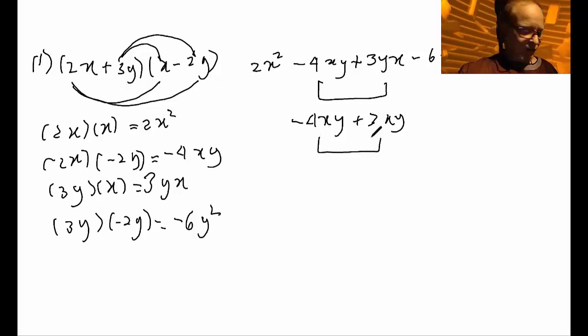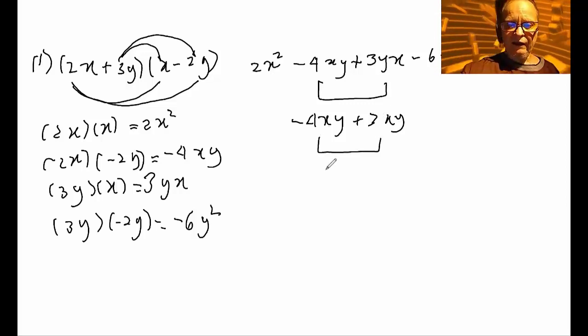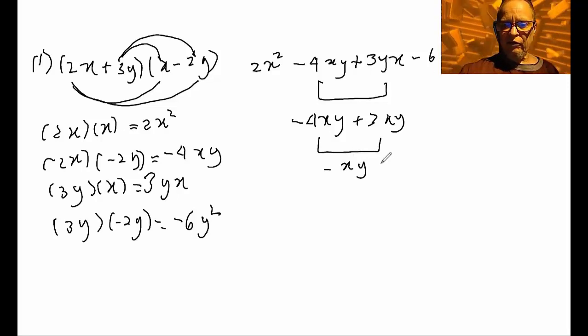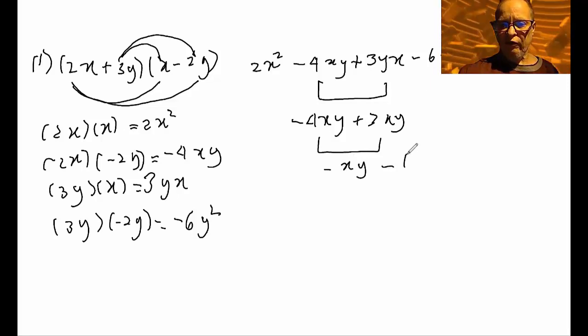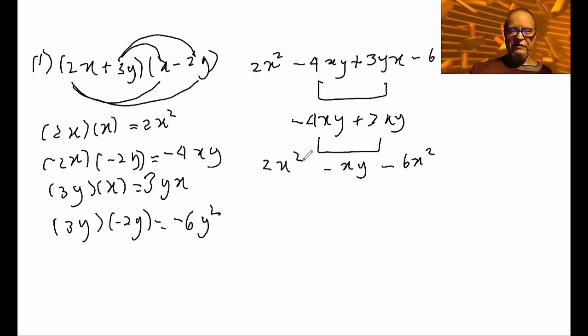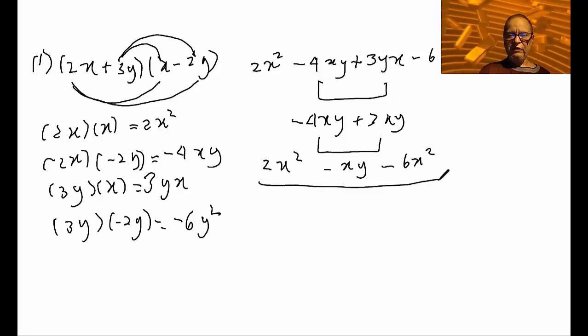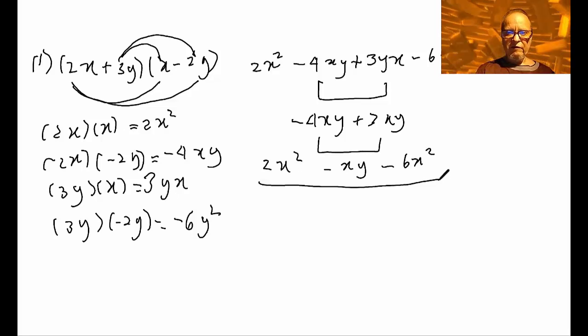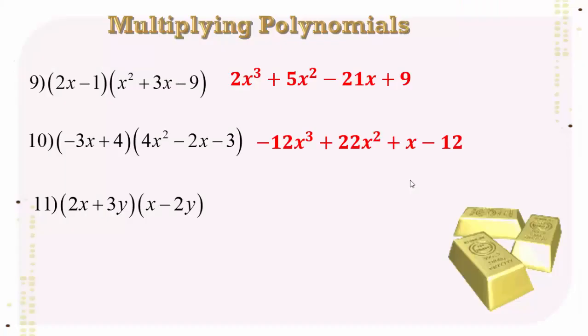So we can combine these two and we get negative xy. And then we only have one y squared, negative 6y squared, and then we bring down the 2x squared. And this is our final answer to this particular example. So we found when we worked out example number 11, we got 2x squared minus xy minus 6y squared.